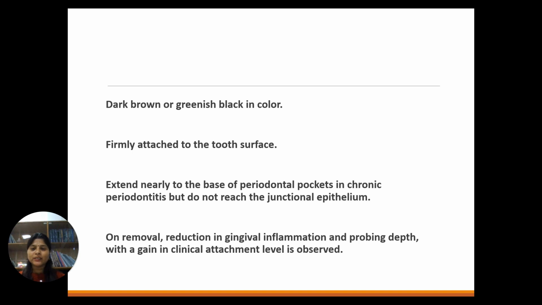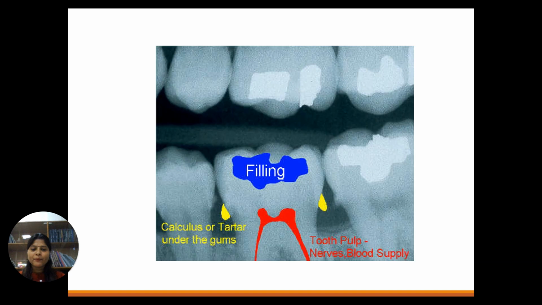It is not easily detached, whereas supragingival calculus is easily detachable. It extends to the base of the pocket in chronic periodontitis and does not reach the junctional epithelium. On removal, reduction in gingival inflammation and probing depth, with clinical attachment level gain, is observed.